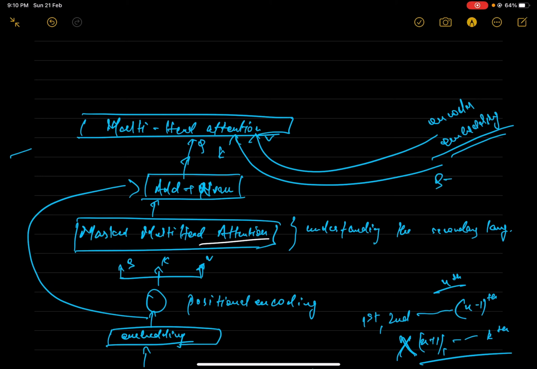Basically, Q is WQ into X if X is the encoder embeddings, K is WK into X, and V is WV into X.